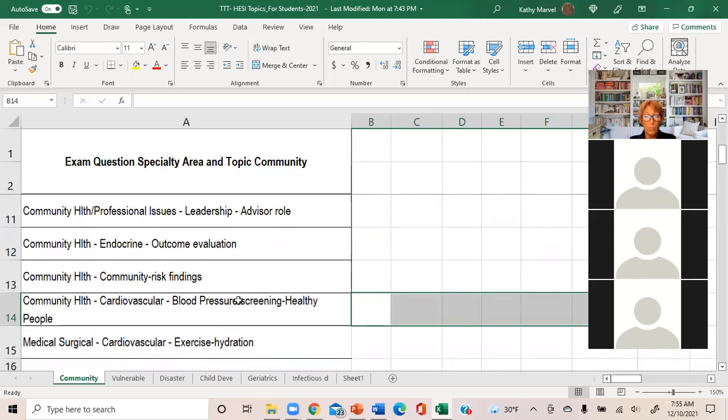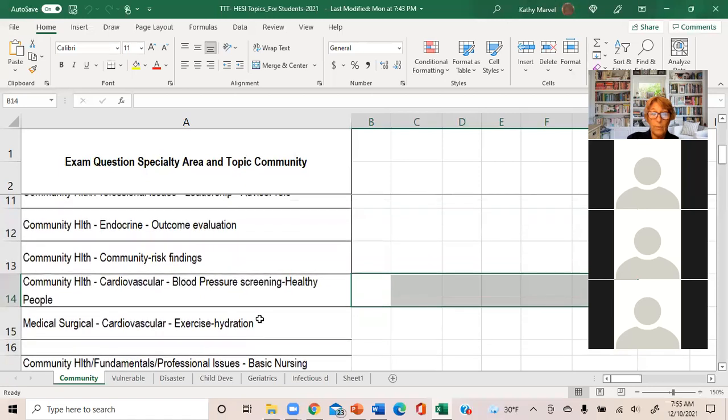My group Wednesday came up with this: if you are a community nurse doing a secondary intervention, a community health screening for blood pressure, what do we need to know? Maybe what is a normal blood pressure? What's considered hypo or hyper? What else do you think could be asked?